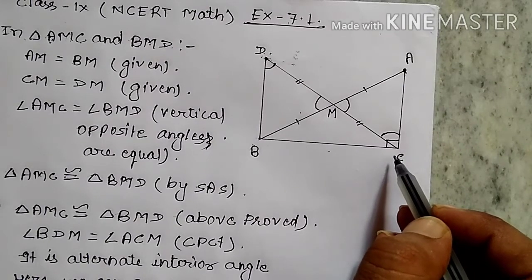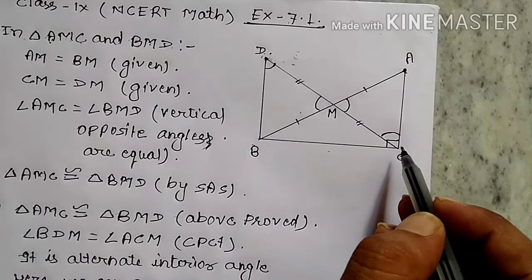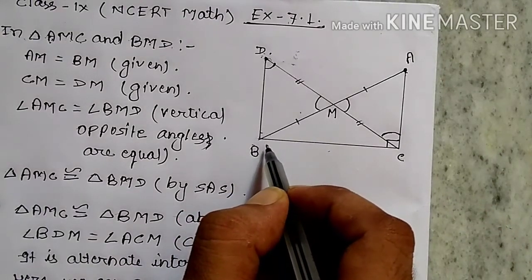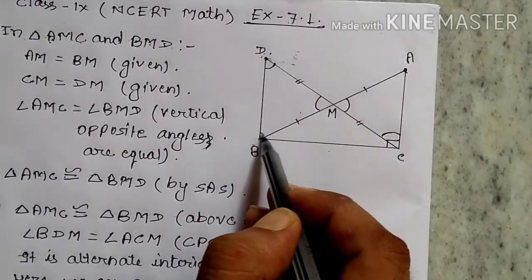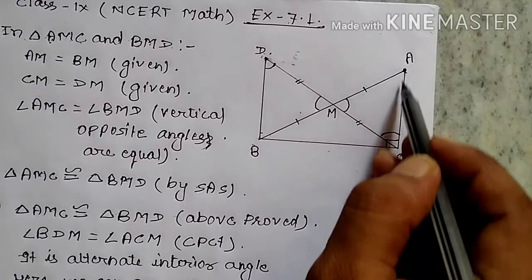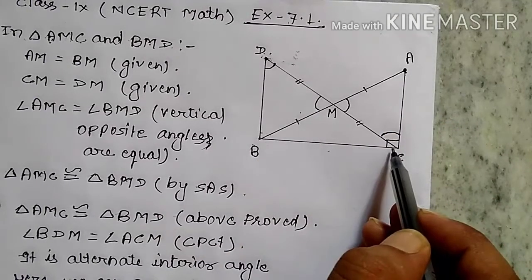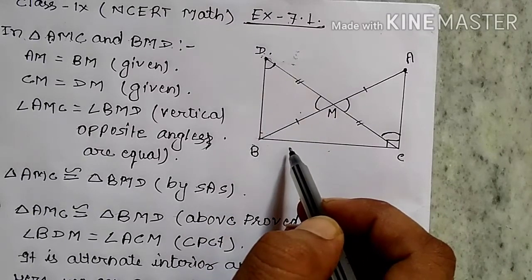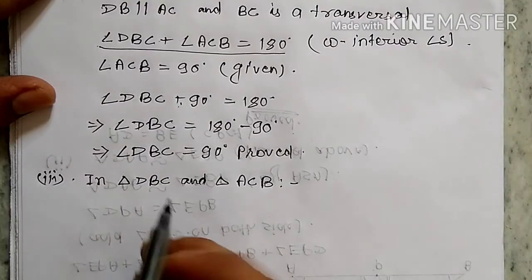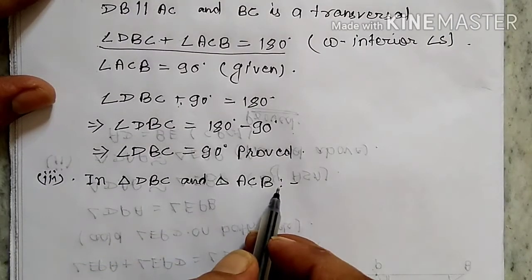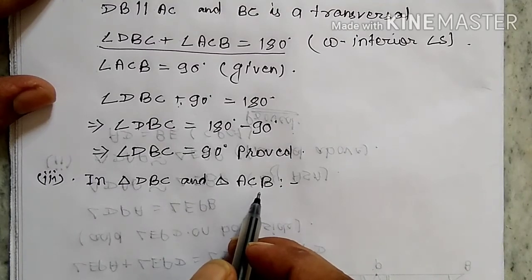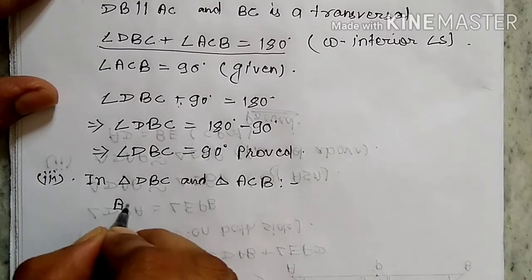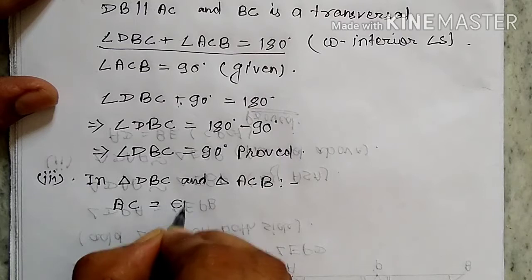And just now in question number 2, we have proved angle C is 90 degrees and angle B is also 90 degrees. So by side angle side, it is congruent. In triangle DBC and triangle ACB, side BC is common, BC is equal to CB.